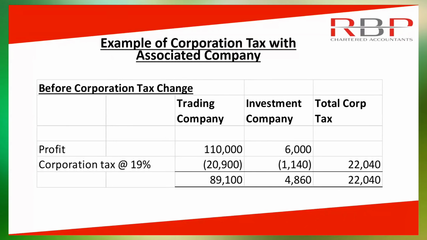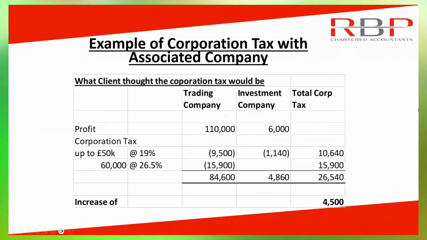So I had a chat with him to say, look, you've got 2 companies, they're associated, so the thresholds get divided by 2. But this is what he thought the position would be after the corporation tax rate changes. He was looking at his trading company and saying, right, I've got £110,000 of profit.